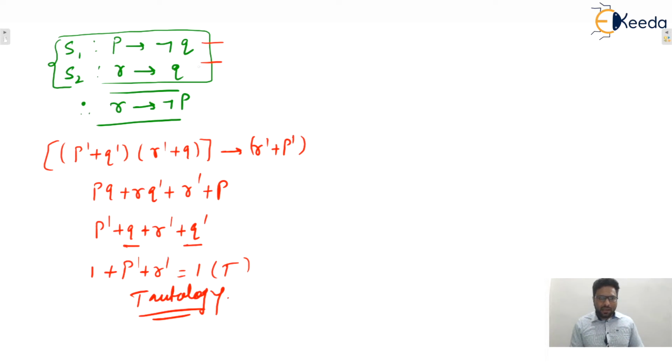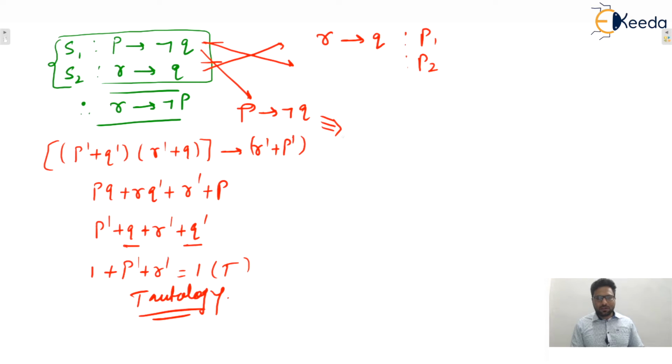So I write S2 first: R implies Q. Now the second one, S1, is P implies negation Q. What will be the contrapositive of this? Contrapositive means negation of the right-hand side, that is Q, implies negation of the left-hand side, that is negation P.